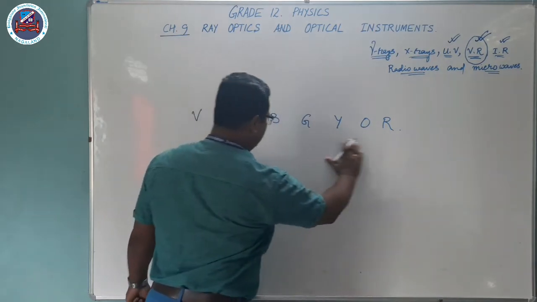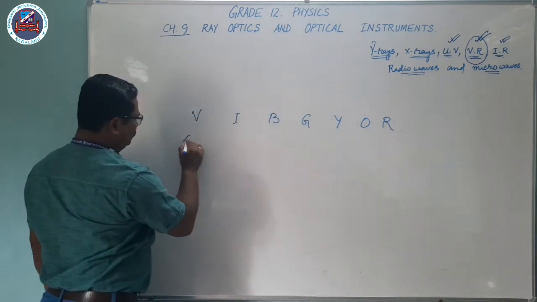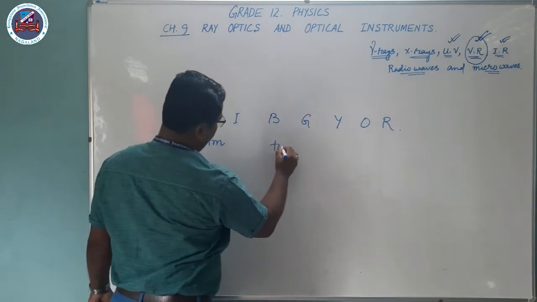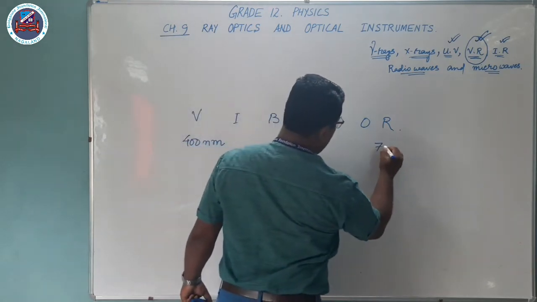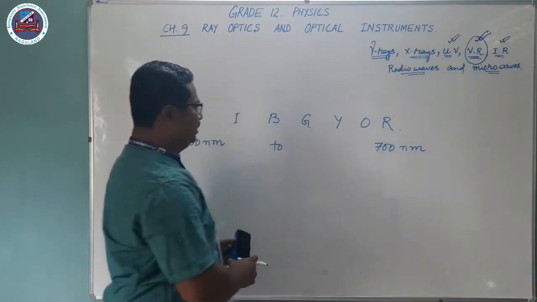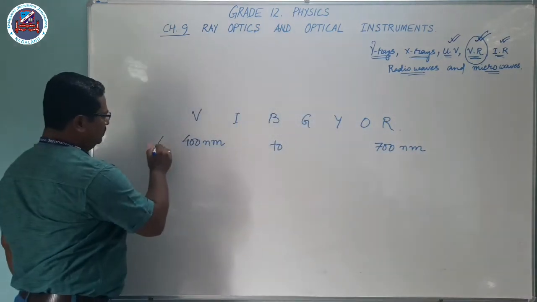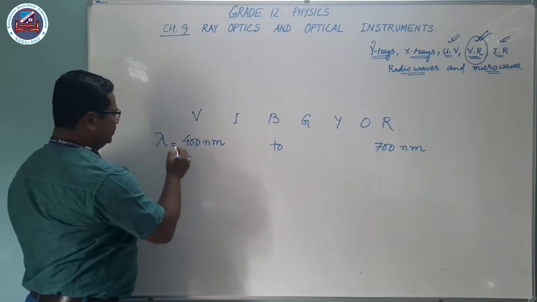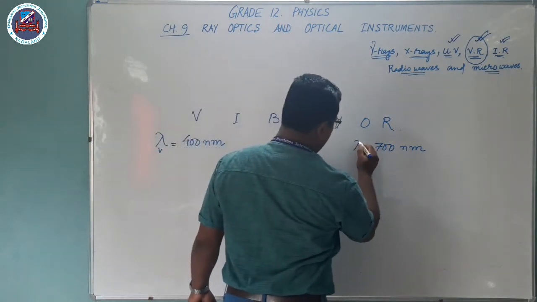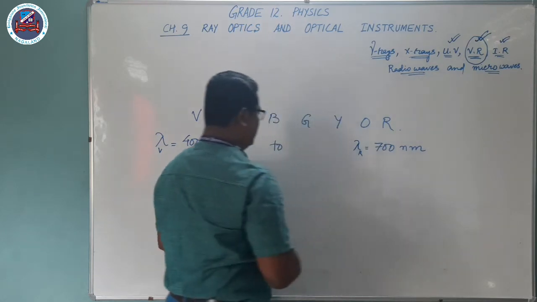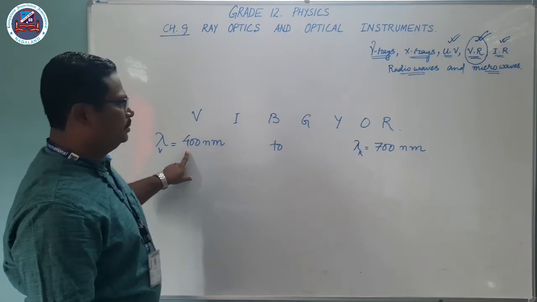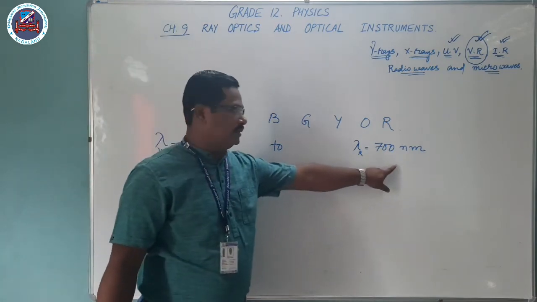And the wavelength lies in the range 400 nanometers to 700 nanometers. The wavelength we indicate with lambda. This is for violet light and this is for red light. So in this range we call it visible light, from 400 nanometers to 700 nanometers.